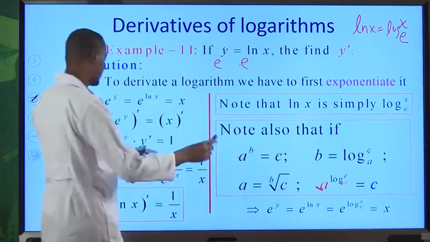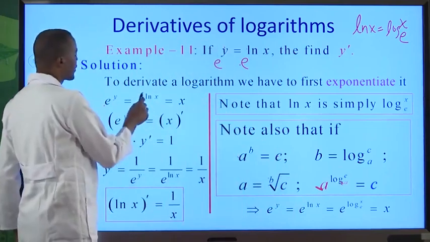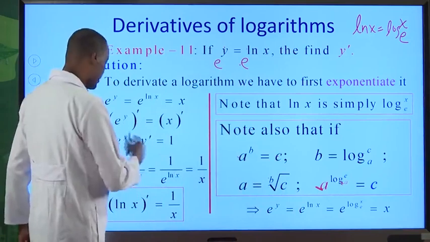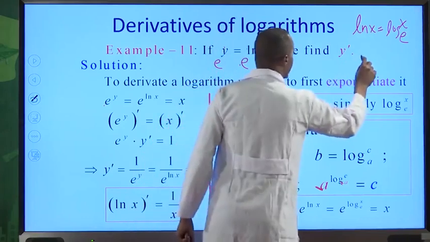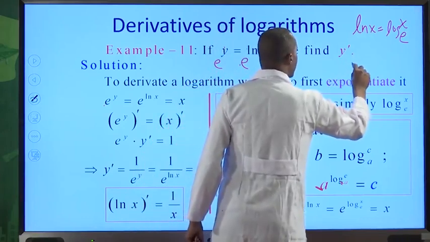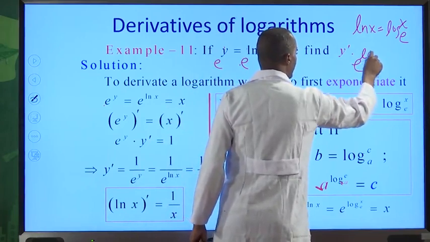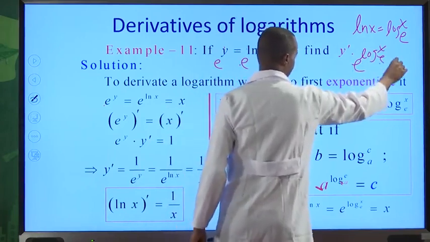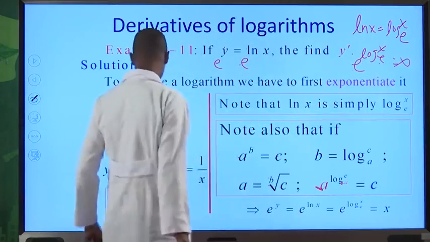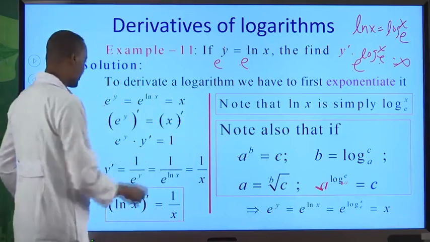That is the way it happens. And e to the power of ln x means e to the power of the log of x to the base e. I have e there, so I must have x there. That is the way e to the power of ln x becomes x.